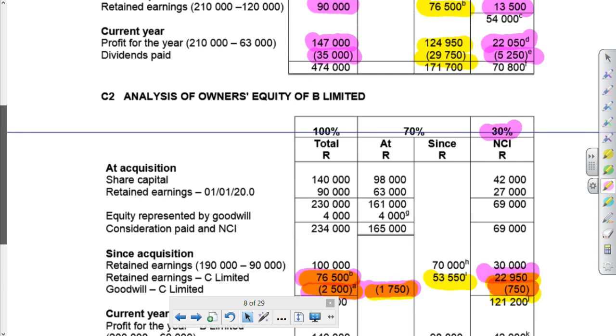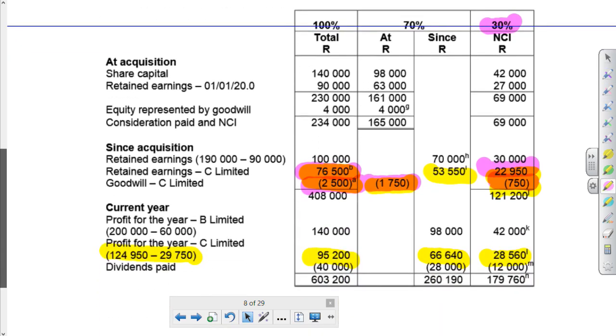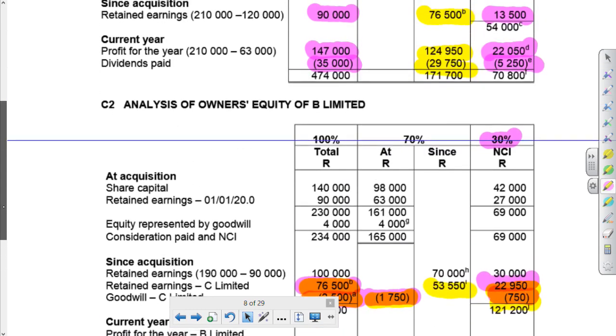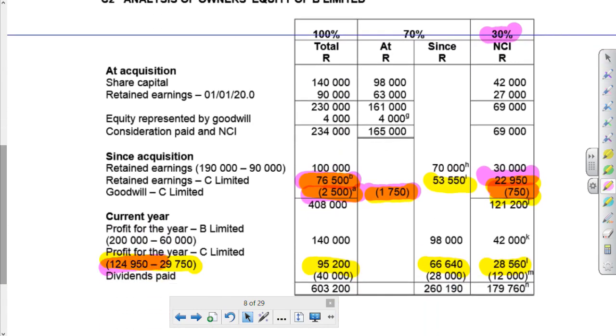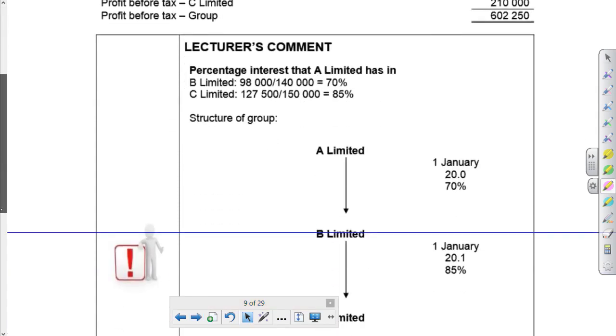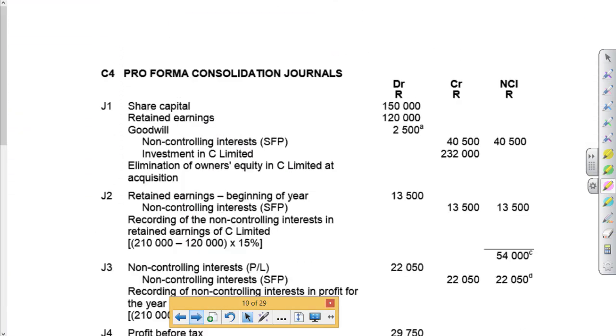There's the extra bits coming through over there. In the current year's profit, the current year's profit for C, which was the profit less the dividend, is coming through here of 95, and we're giving the NCI the extra bit. So there's all the extra bits of profit that are coming through that are being given to the NCI. Yeah. So every time you do a calculation, you must make sure to do all the extra bits with the profit.